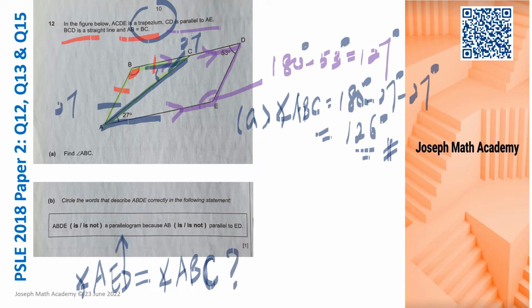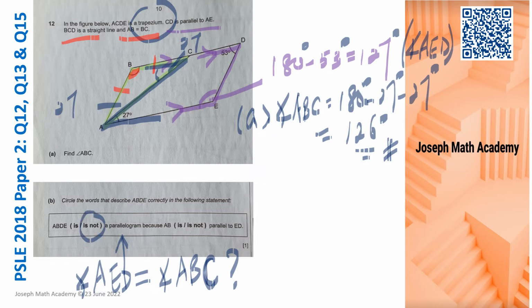That's the question. Okay. Now, angle AED is 127. And angle ABC, which is our answer in part A, is only 126. So the answer is not equal.